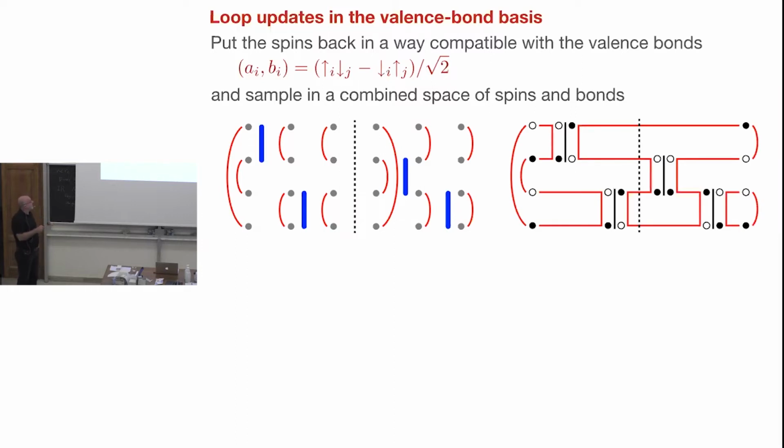Well, let's keep these singlets here, the bonds, but I pick, you can think of it as random at this point, up or down, consistent with the valence bonds. I cannot have two up spins on a given valence bond.